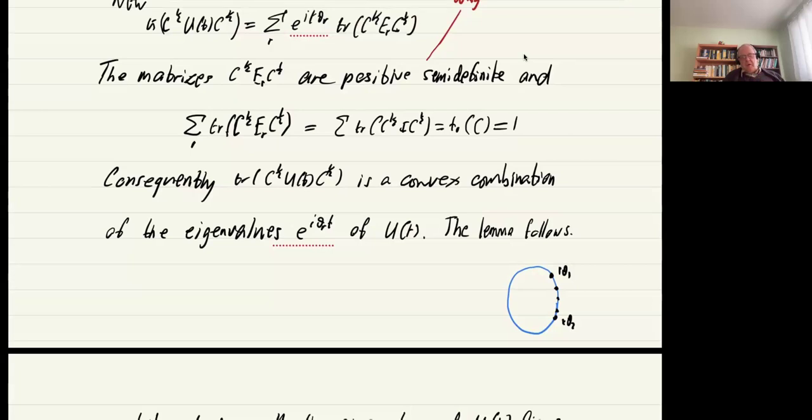So if you want some convex combination of these guys to be 0, then their convex hull has to contain 0. If they all lie to one side of a line through 0, then there's no convex combination of them equal to 0.